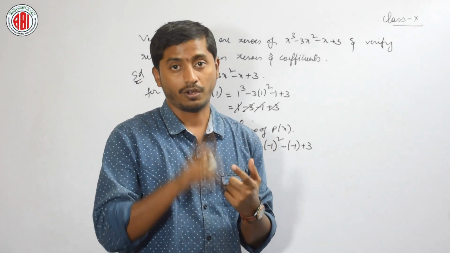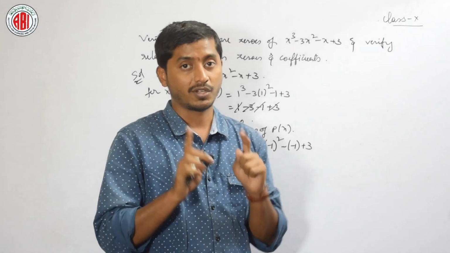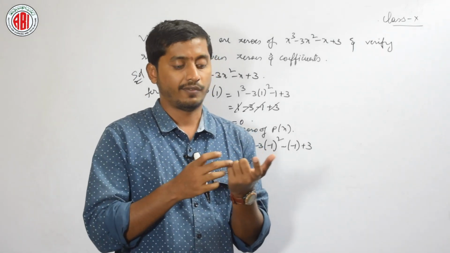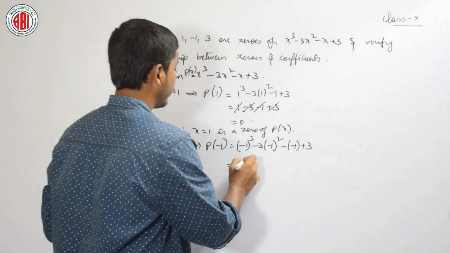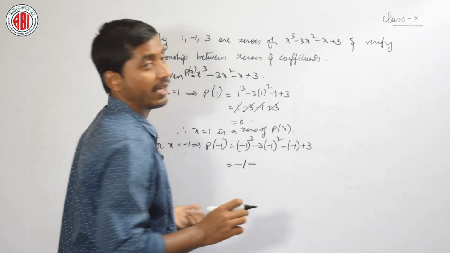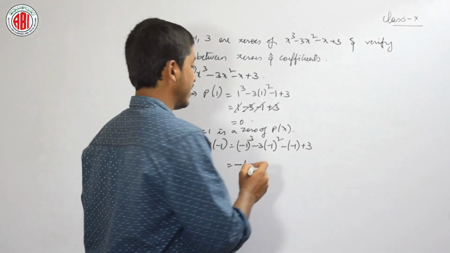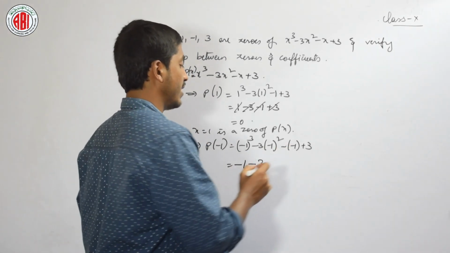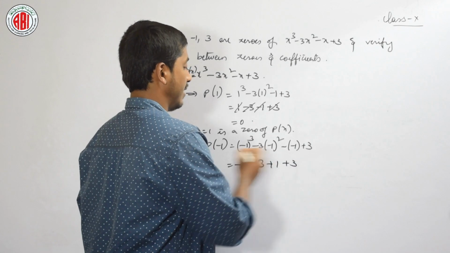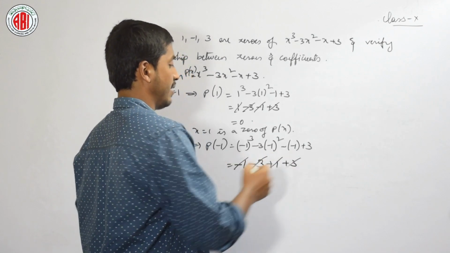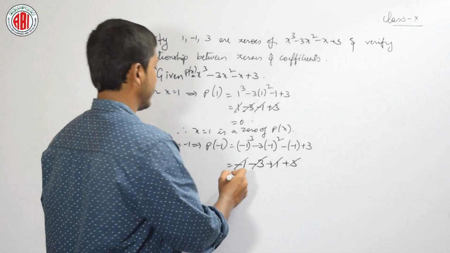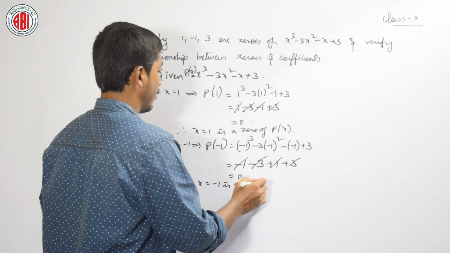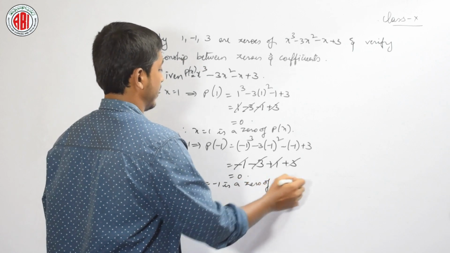I already told you that the cube of a negative number is always negative. 1 cube is 1 into 1 into 1, 1 ones are 1, again 1 ones is 1, right. The square of a negative number is positive, plus 1 into minus 3 it becomes minus 3, is it right? Now see here, minus of minus 1 is plus 1 plus 3. Here also minus 1 plus 1 minus 3 plus 3 get cancelled. We will get 0. Therefore, x is equal to minus 1 is also a 0 of p of x.